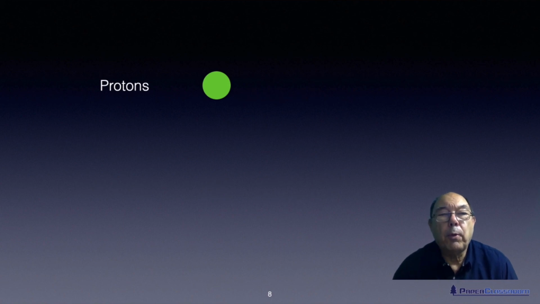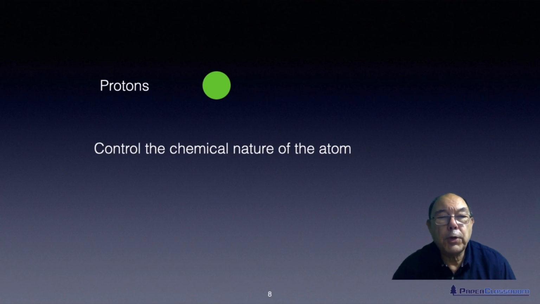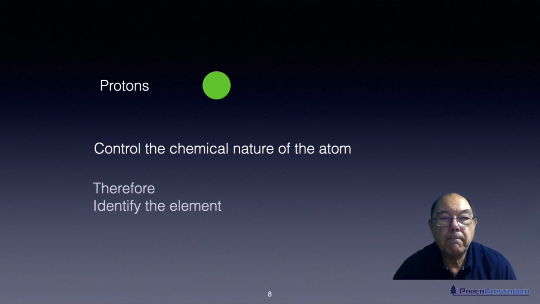So let's take a look at protons first of all. The protons control the chemical nature of the atom. As the number of protons in the nucleus changes, the chemistry of the atom changes. Therefore, the number of protons identifies which element it is.